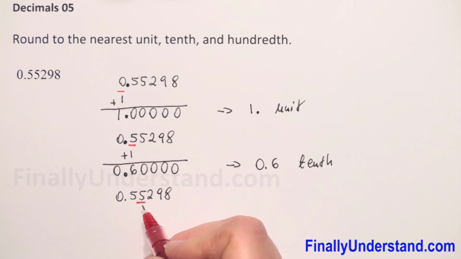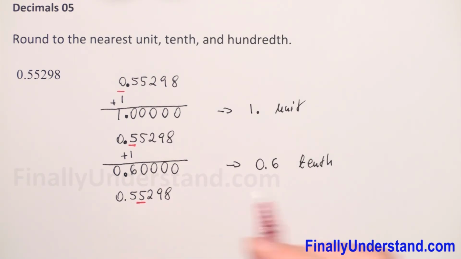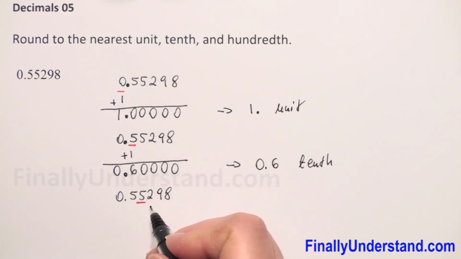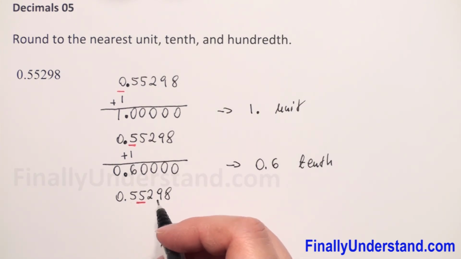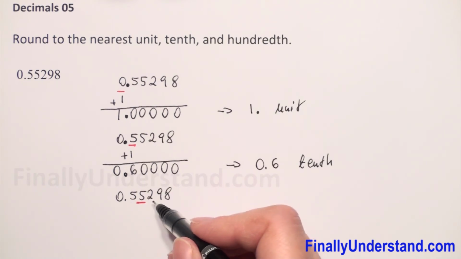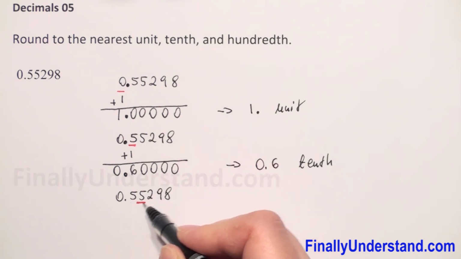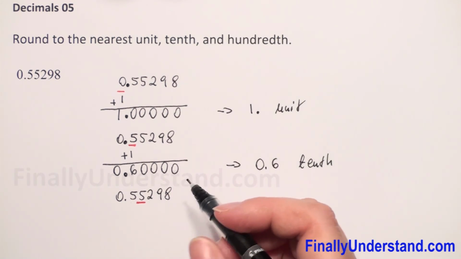So we round to the hundredth, so we underline the hundredth. Next we have to check the digit which is after 5, which is 2. When we have less than 5, we don't have to do anything. We just have to turn every digit after the underlined number to 0.